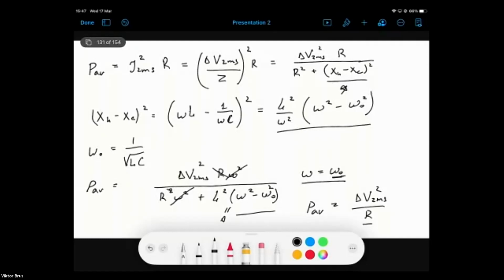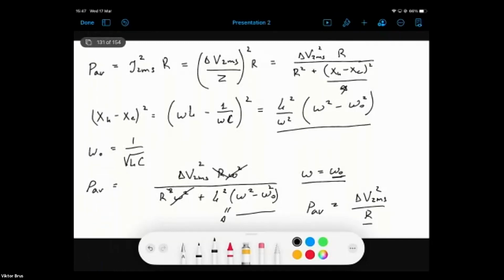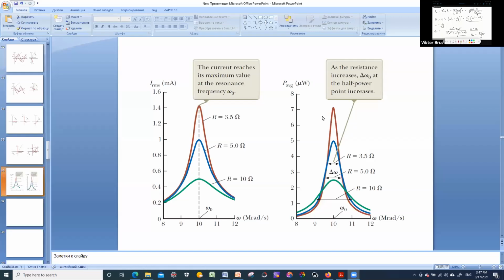And another feature which is important, but maybe we can share first this slide again. So here on the right side, you see how average power depends on frequency.